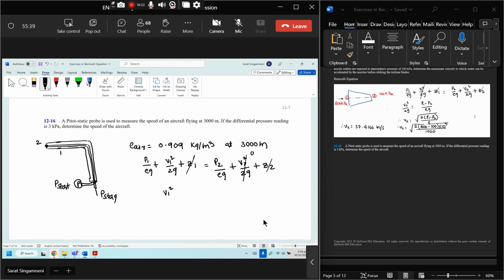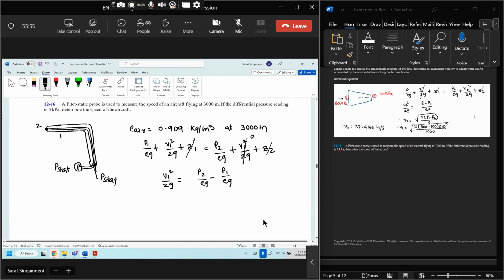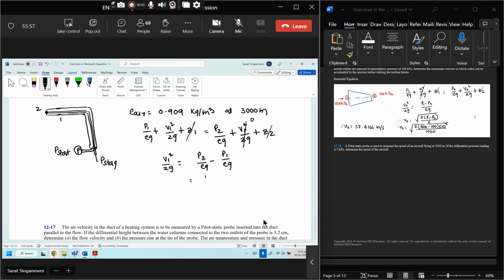So from this, V1 squared over 2g is equal to P2 over rho g minus P1 over rho g, which is equal to P2 minus P1 over rho g.